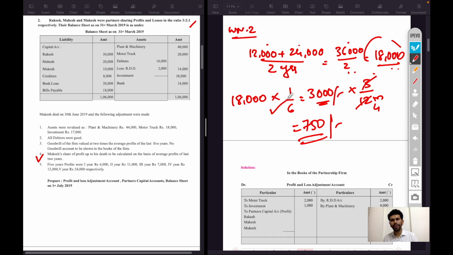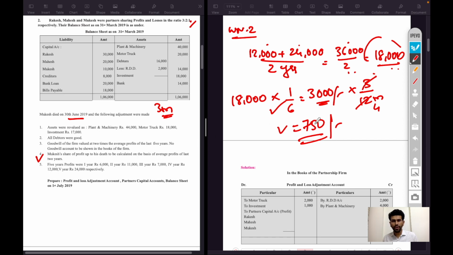So 18,000 multiplied by 1 by 6, the share of Mukesh. We have got 3,000 rupees. 3,000 rupees is profit of the whole year. We have to calculate the profit up to date of death. So Mukesh died on 30th June, that is 3 months after opening the new balance sheet. So 3,000 multiplied by 3 by 12, we have got 750 rupees.